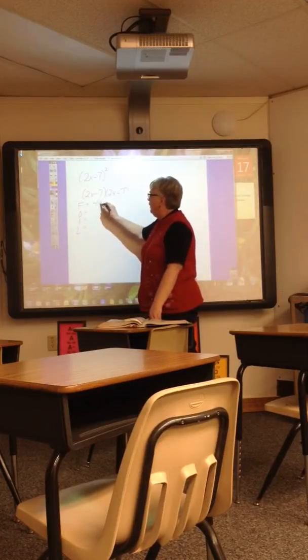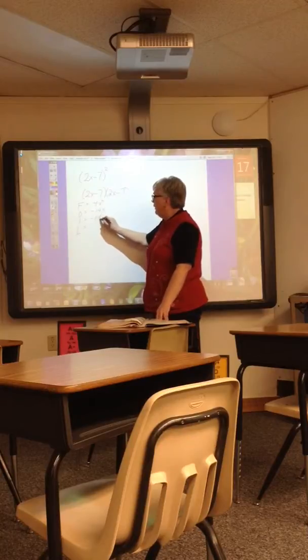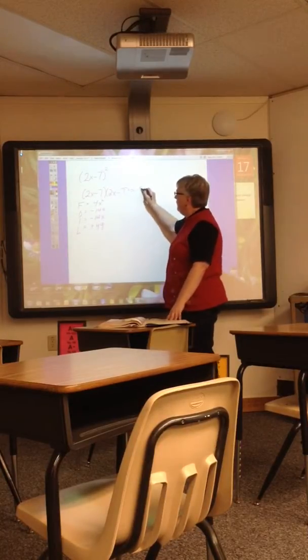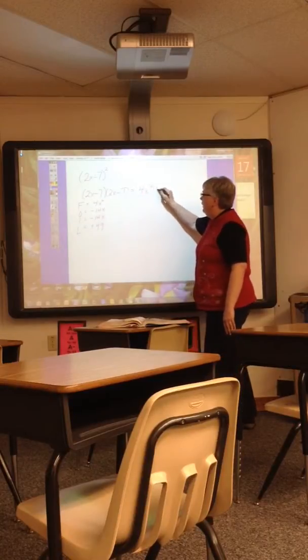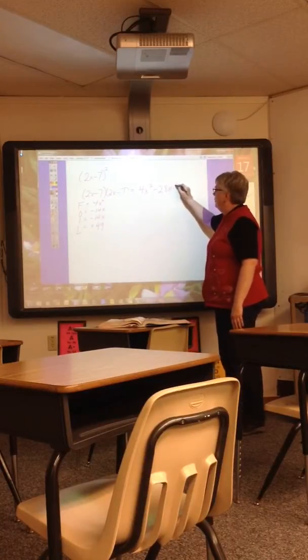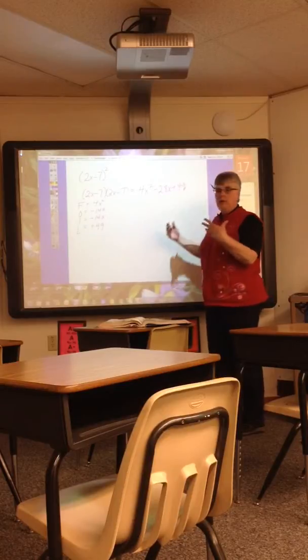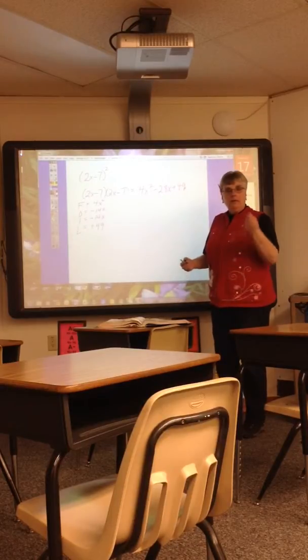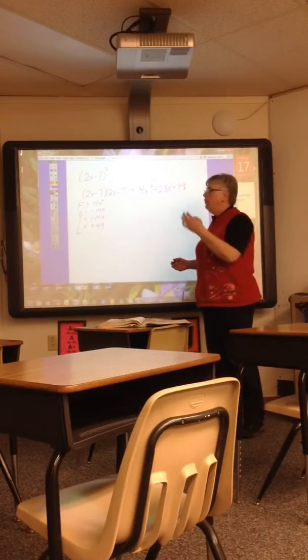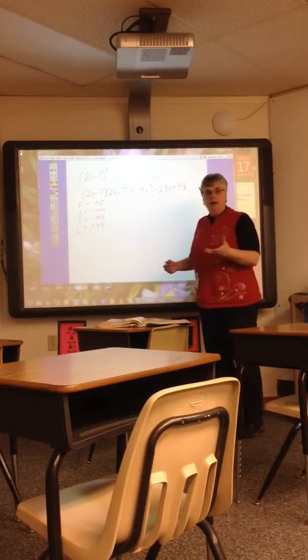So we'd have 4x squared, our outside would be a minus 14x, our inside a minus 14x, and our last term's 49. And we'd end up with this particular problem.